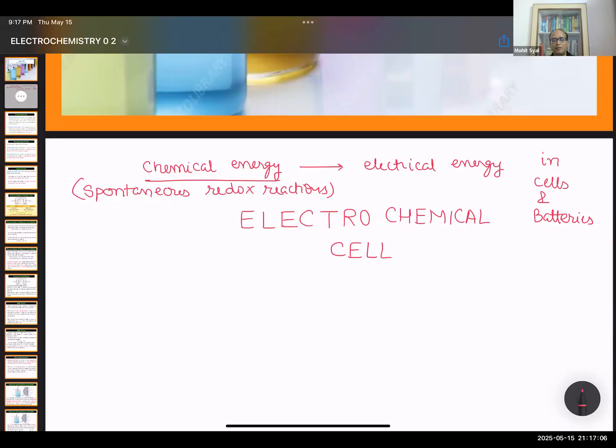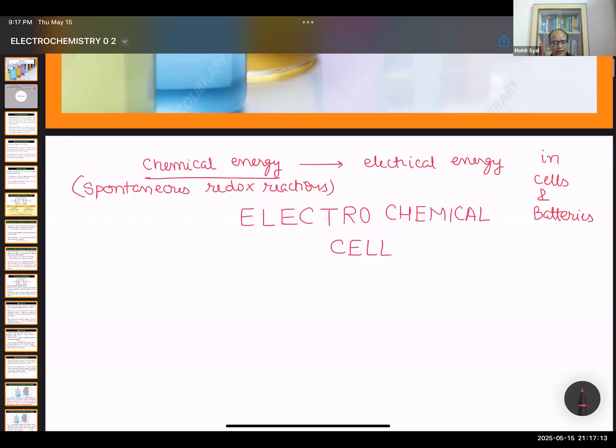So if the chemical energy from a spontaneous redox reaction is being converted to electrical energy, then such a process is known as an electrochemical process, and the container or the equipment in which the electrical energy is generated is known as a cell or electrochemical cell. You need to tell me what you mean by spontaneous redox reactions.